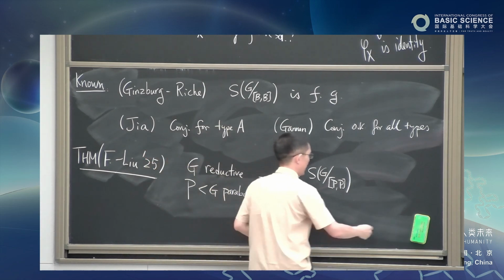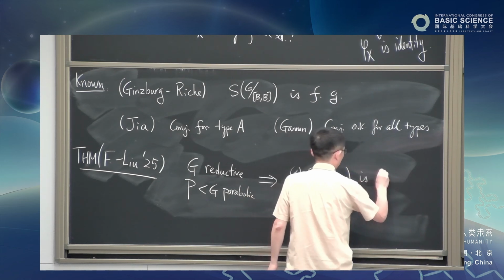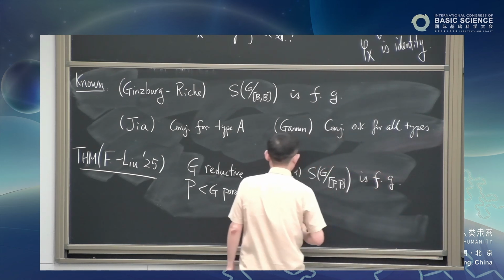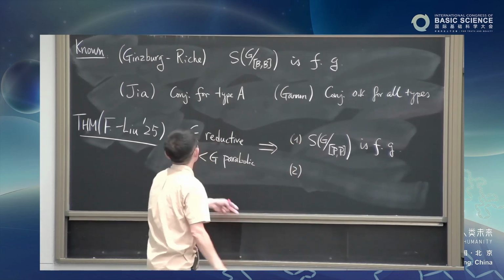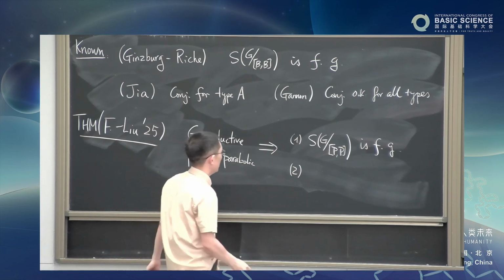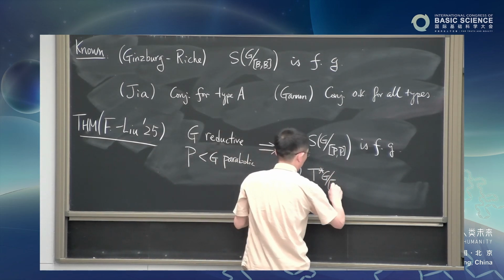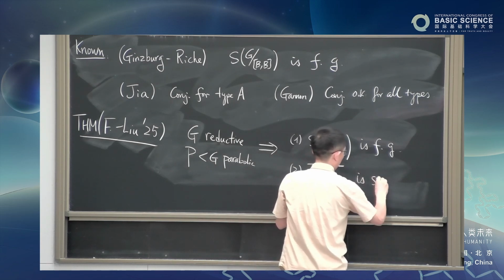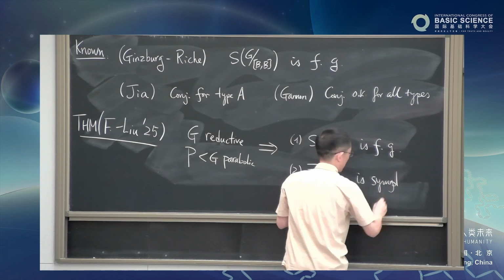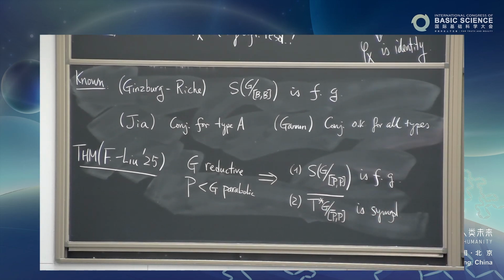So Borel is just one, but there are many parabolic subgroups. So this is finitely generated. And this will give you a new proof for the theorem of Ginzburg and Hirsch. And then secondly, the closure of this one, the affinization of this one, is symplectic. Okay.